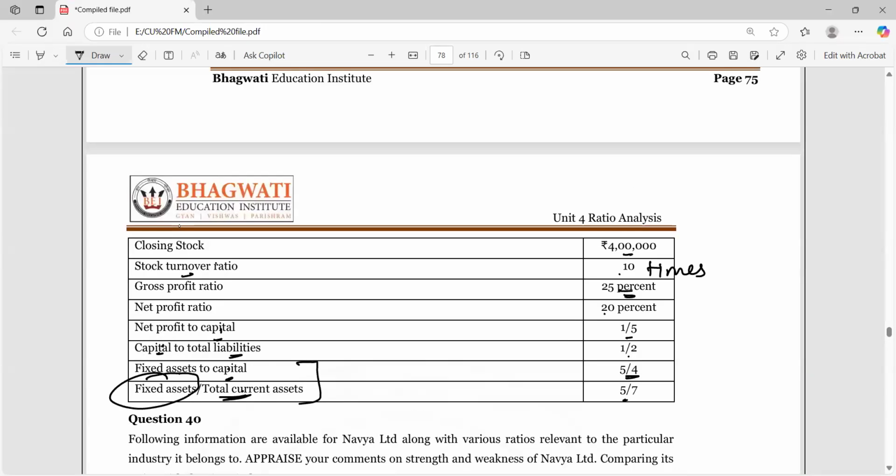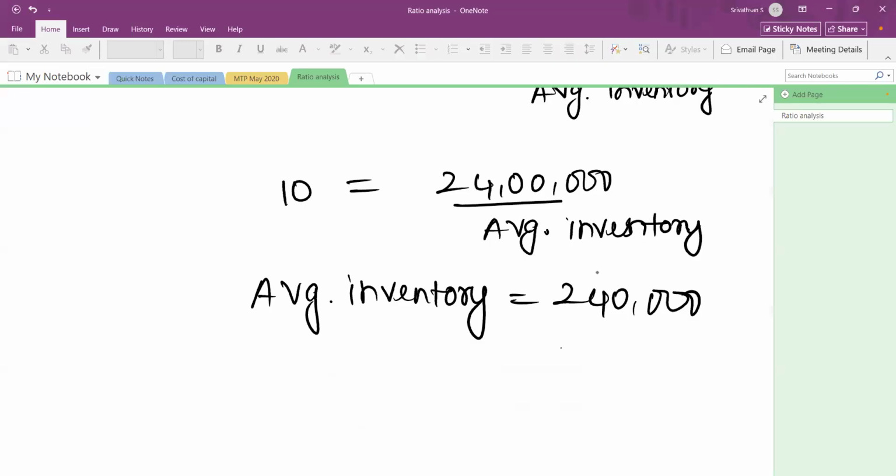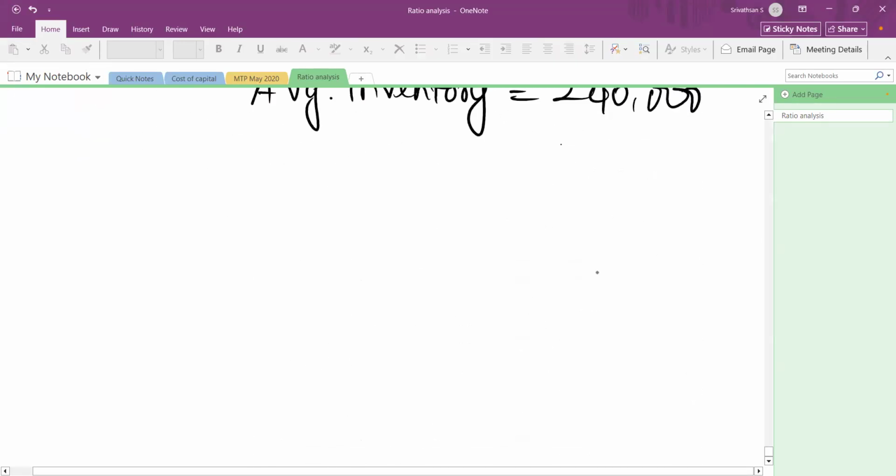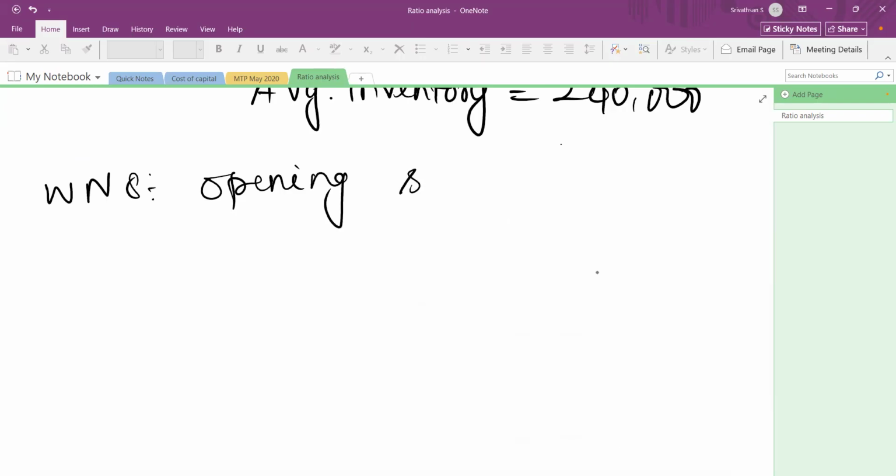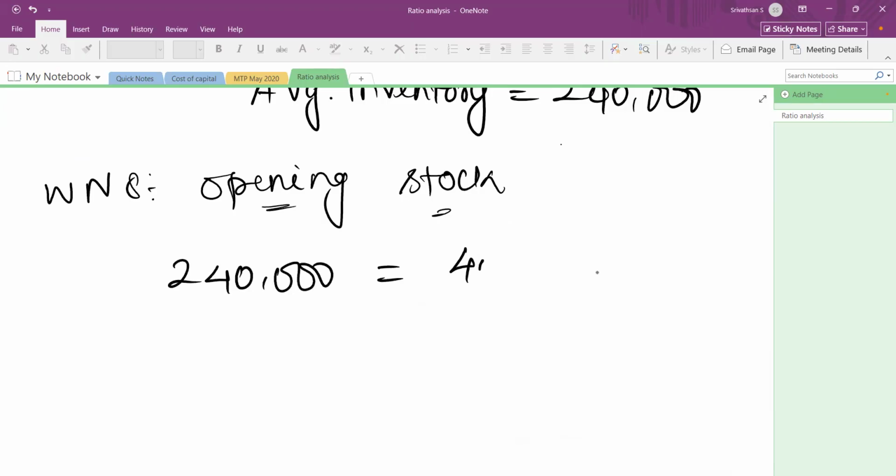Now listen, we have closing stock. We have average inventory. With this, we can calculate opening stock. So working note number 8, opening stock. Average stock 2,40,000 is equal to opening stock plus closing stock of 4 lakh, divided by 2.